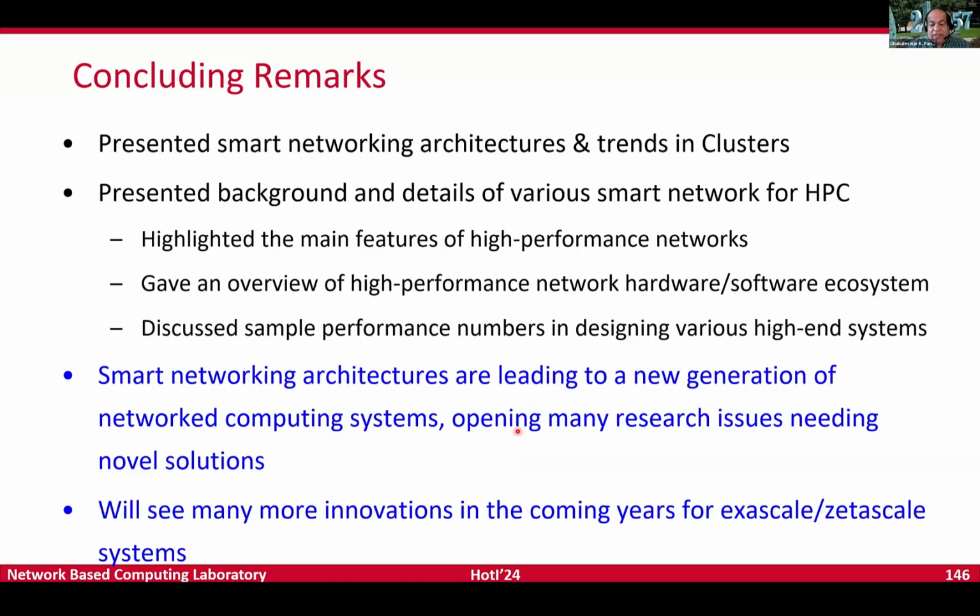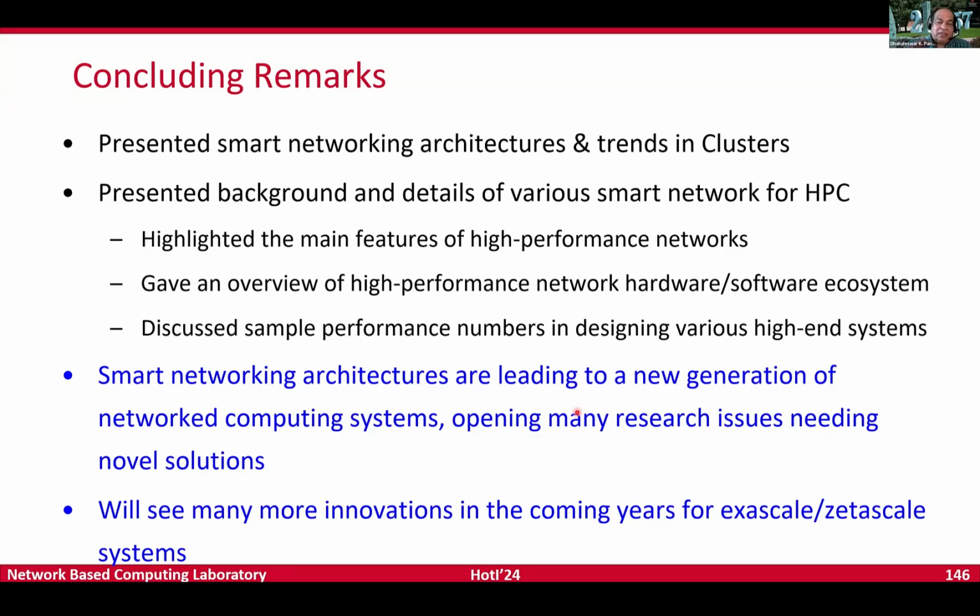But as we see the trend, systems are becoming denser. I indicated more and more GPUs are coming together. Server density is increasing, and to have a good balance of computation and communication, and to deliver very good performance and scalability, both strong scaling and weak scaling, for HPC and AI applications, people are exploring many of these smart networking architectures.